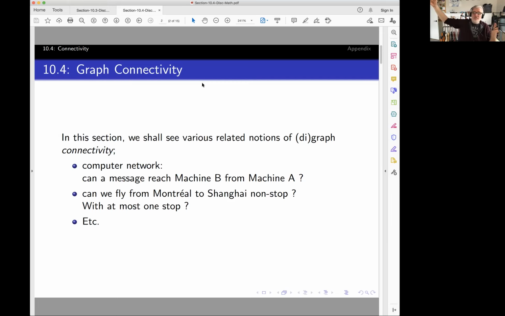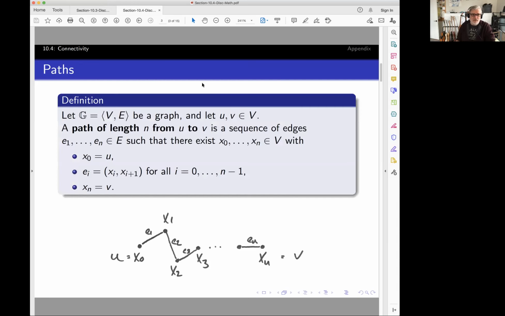So you have to know, is there a path of directed edges from that vertex to that other vertex? Or maybe it's flights from one city to another. So that's the intuition behind this. It's a very simple, natural concept, okay?